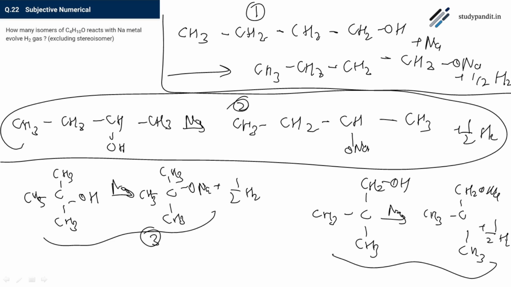So this is the fourth one. So in all, how many isomers do we have? We have 4. Answer is 4. Moving on to the next question.